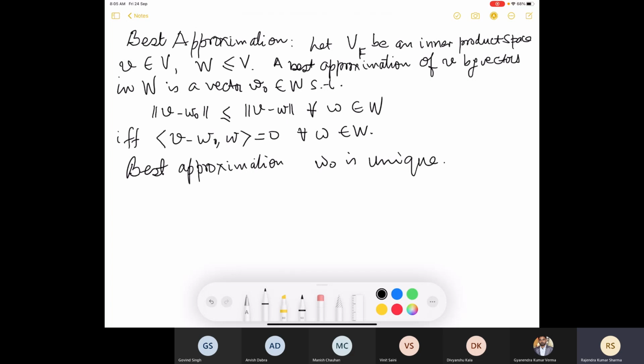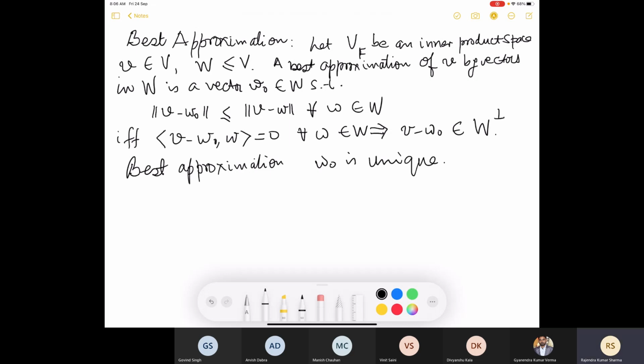That also we know. And what it says is that V minus W naught is orthogonal to every W in W. So this is in the orthogonal complement of W.